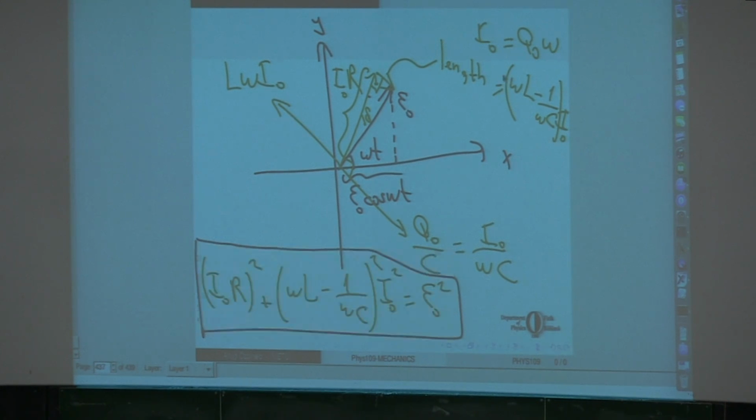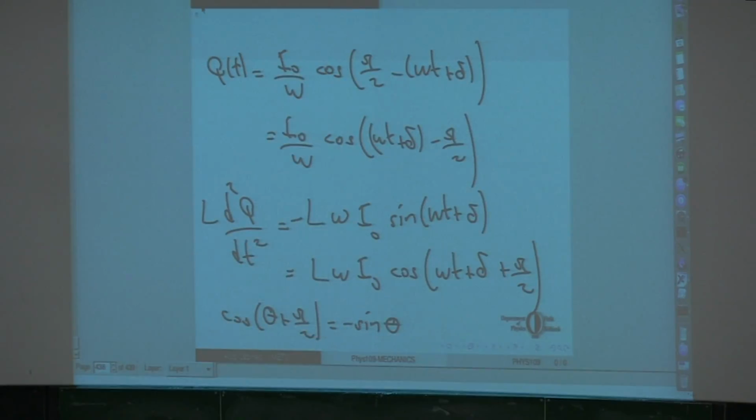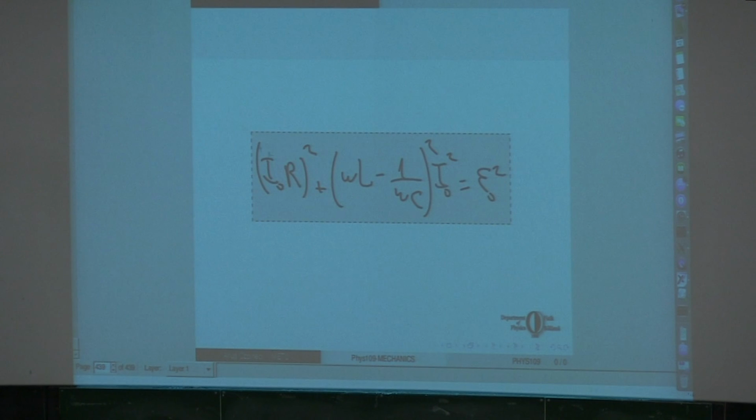In the sketch at least, it is this one. Now we can also determine the angle delta from the same triangle. So this is one equation we have.